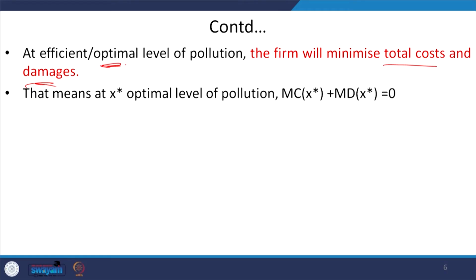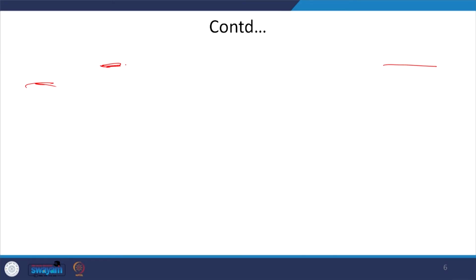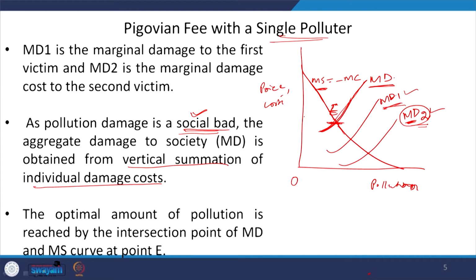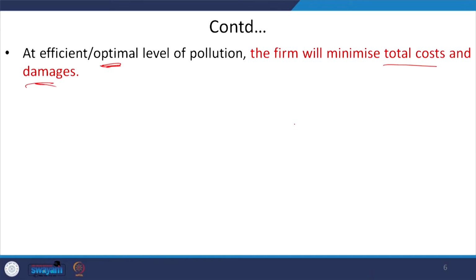In this diagram, this is the intersection point of the marginal damage function and the marginal saving function, and the optimal level of pollution is X star, and the price for producing this optimal level of pollution is P star. At this efficient or optimal level of pollution, X star, the firm must minimize the total cost and total damages as well.